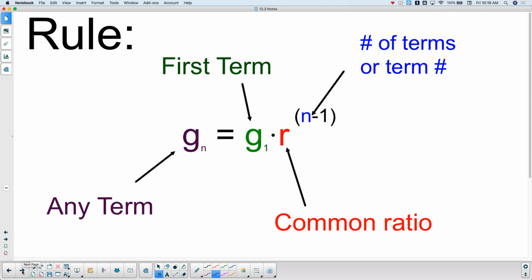Any term in the sequence is equal to the first term of the sequence times the common ratio raised to the n-1 power, where n is the term number or the number of terms.